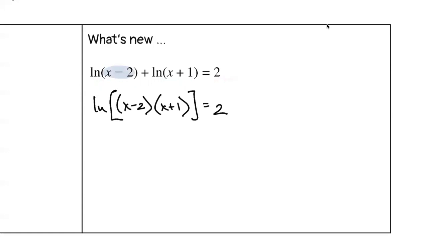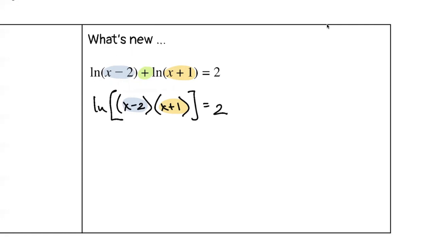Where we have x minus 2 here, and we have x plus 1 here. And there's an operation that disappeared when I wrote this next line. What is that operation? The plus. Yeah, addition, exactly, that plus sign went away, right? What took the place of the plus sign? Multiplication.